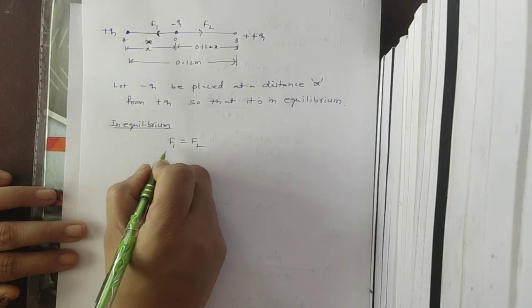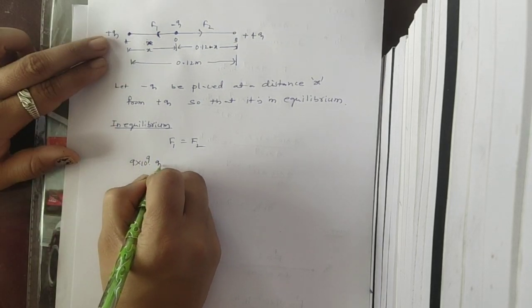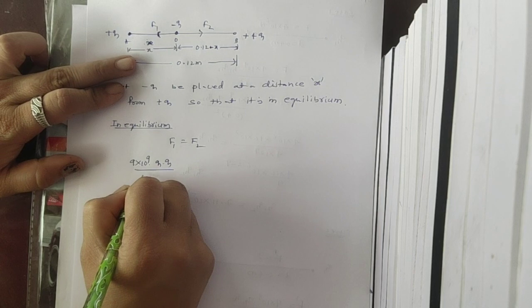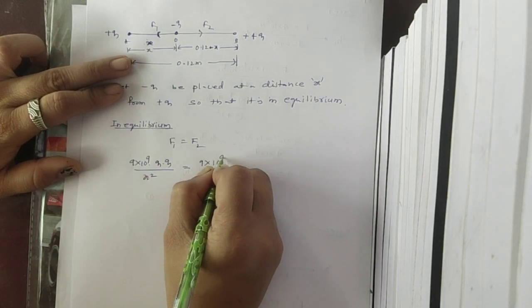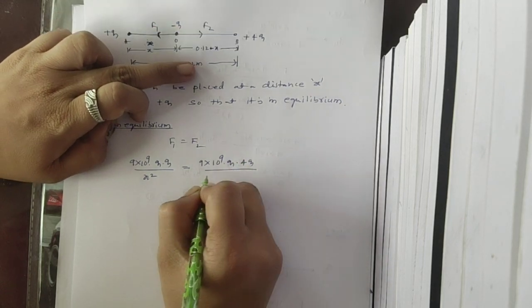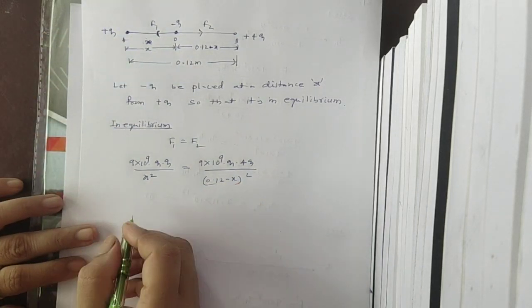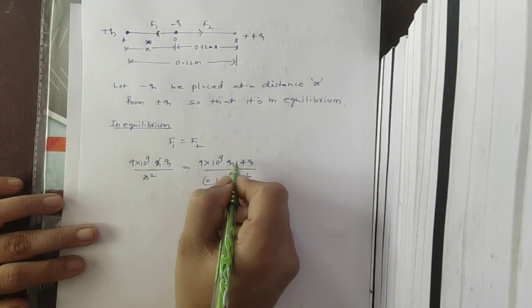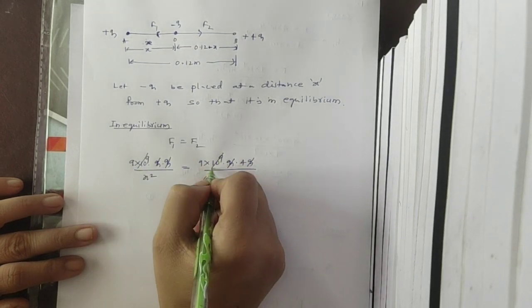Now we will write the expression for F1. 9 into 10 to the power 9 q into q divided by x square. This side we will write 9 into 10 to the power 9 q into 4q divided by 0.12 minus x whole square. Okay, this q cancels, this q cancels, this q cancels. 9 into 10 to the power 9 cancels.